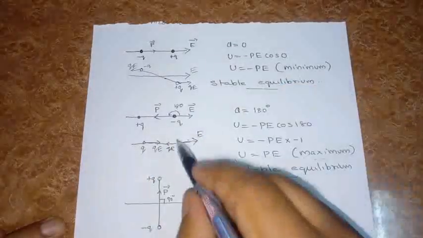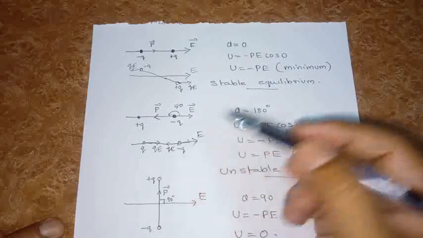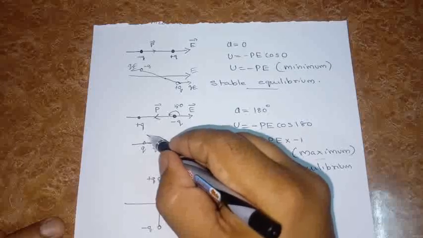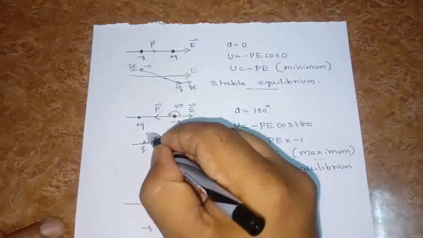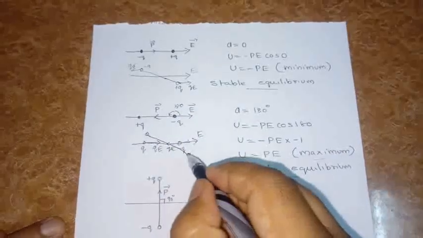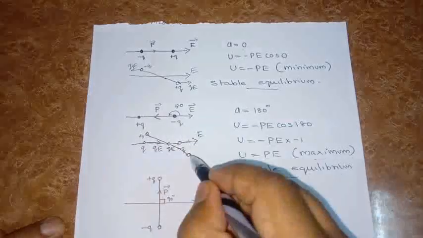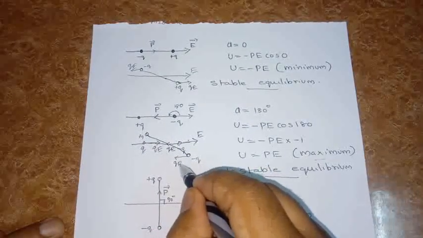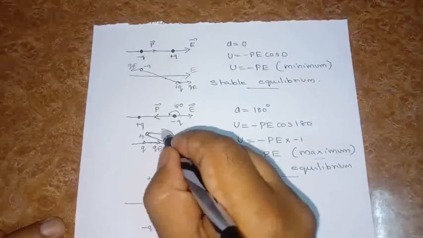So these two forces are equal and opposite, therefore the dipole is in equilibrium. But consider the slightest displacement from this orientation. Now this is the minus q charge and this is the plus q charge. The force on this charge will be like this, QE, and the force on the plus charge will be like this, QE.